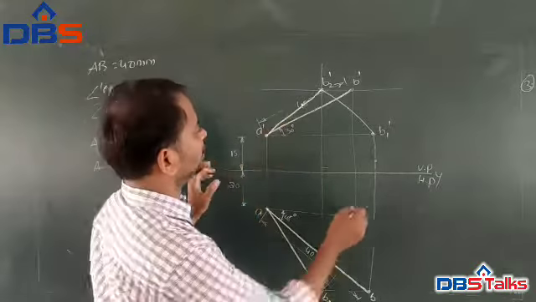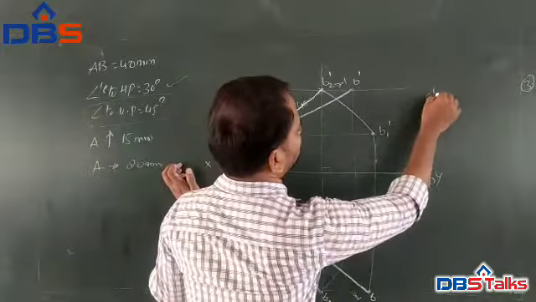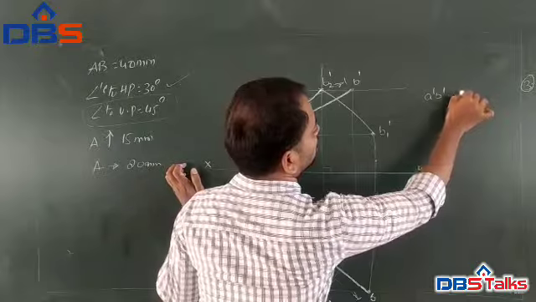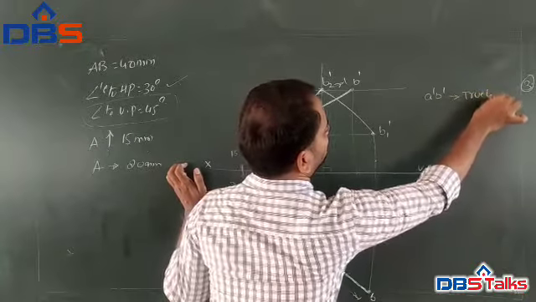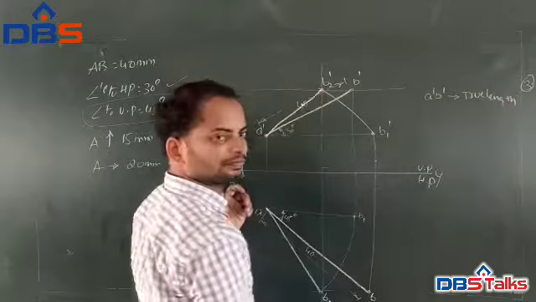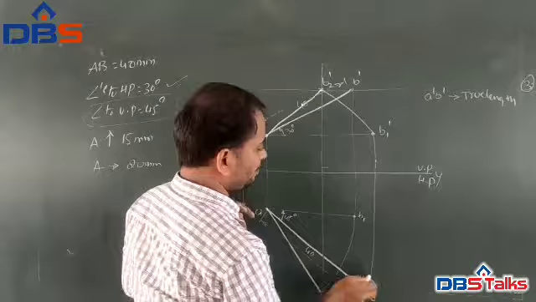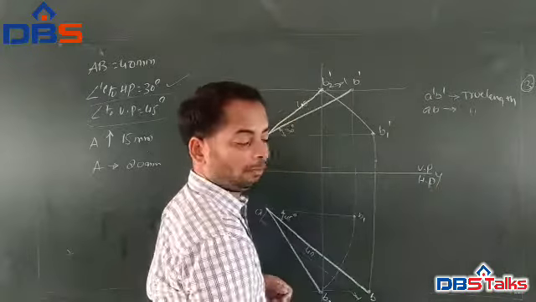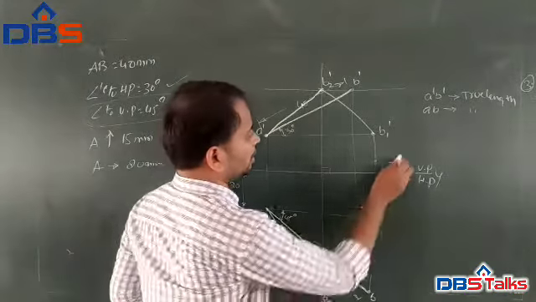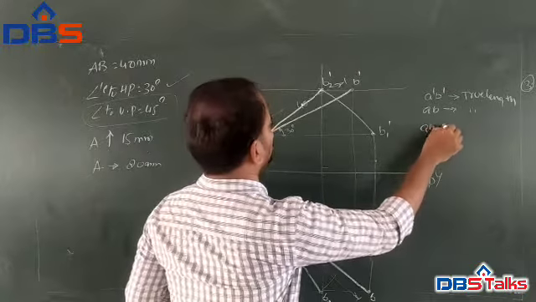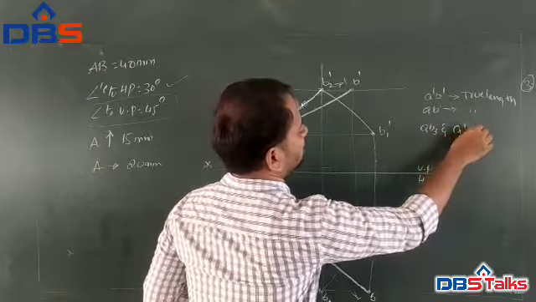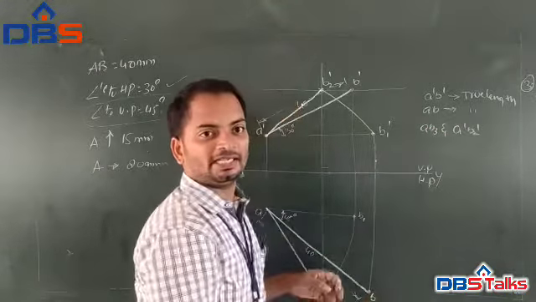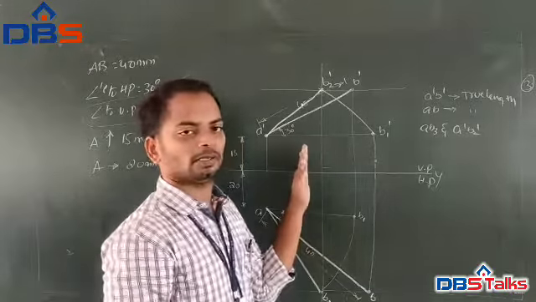Here, one more thing: A dash B dash is called the true length of the front view. Next, AB2 is called the true length of the top view, and AB3 and A dash B2 dash are called the apparent lengths of the given problem.